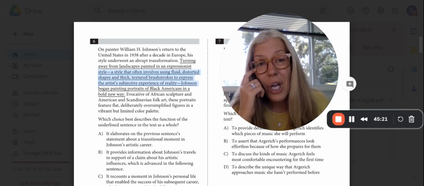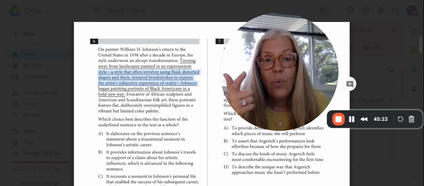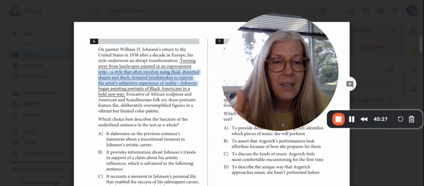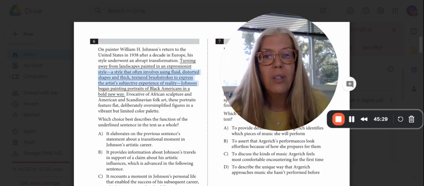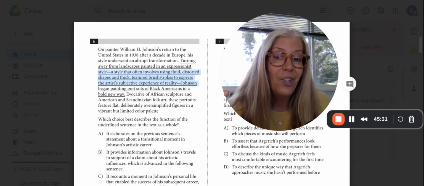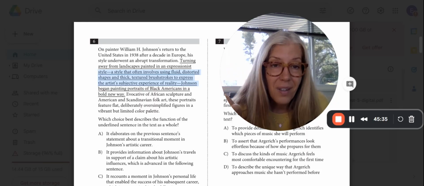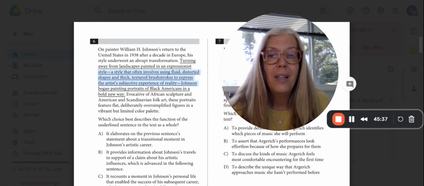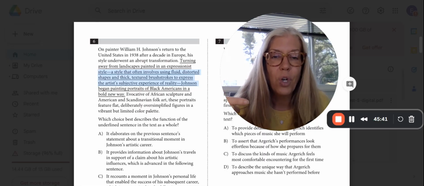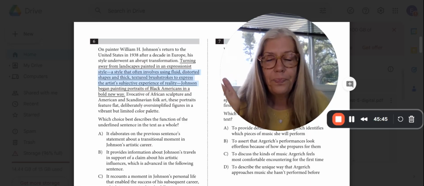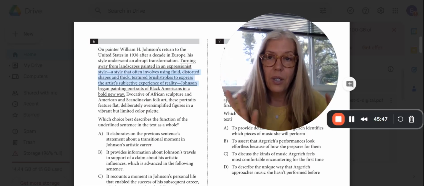Now, if I know, and you know now, what an M dash means, which is that it expands on the subject just before it, then essentially what I'm thinking is this is a main idea question, and let's see what they're doing within the M dash. It's most of the underlined portion, so we're going to focus on that, and that's where our answer lies. Nonetheless, it's a main idea question.